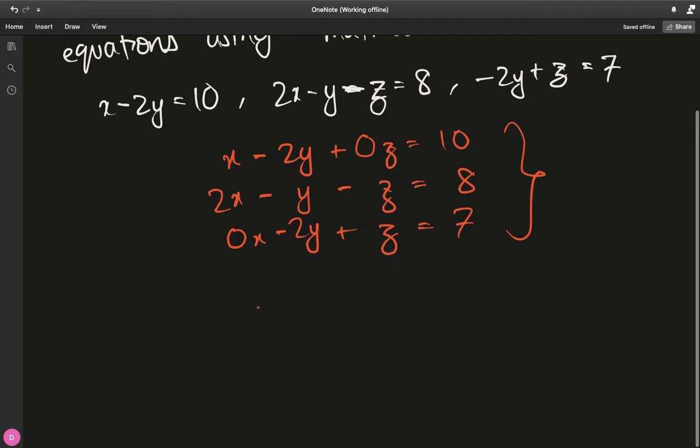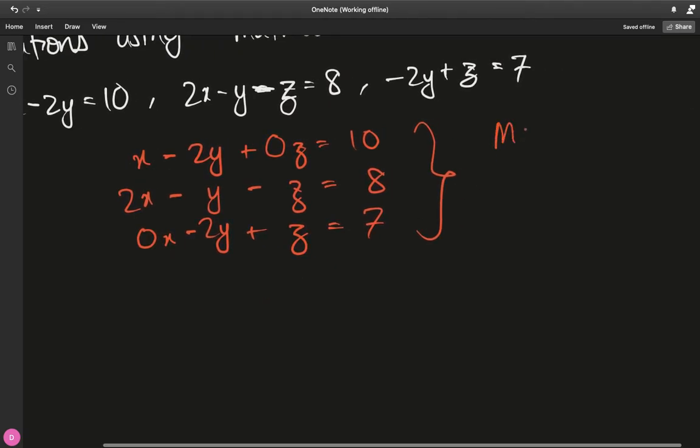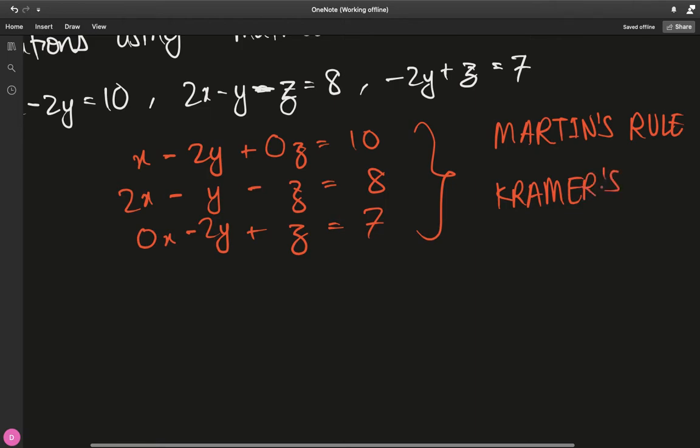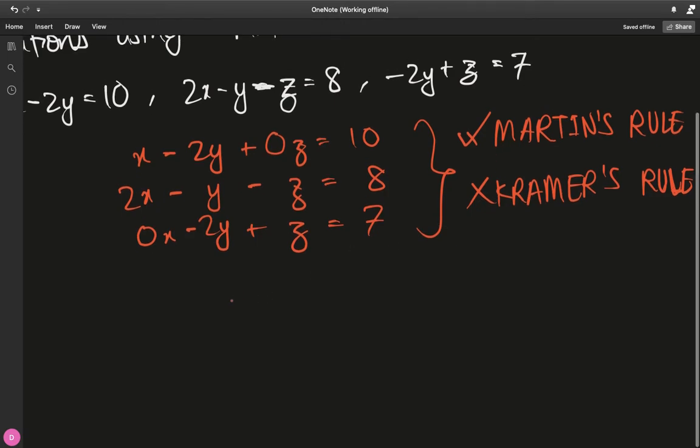So we have two options: Martin's rule or using Kramer's rule. Since Kramer's rule wasn't supposed to be in the syllabus for year 2020, let's ignore this for now and let's stick with Martin's rule, which is one of the most popular methods of solving a system of equations using matrices.